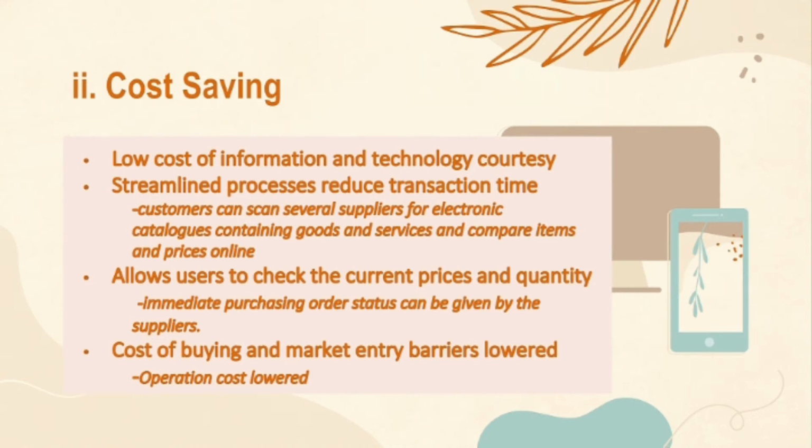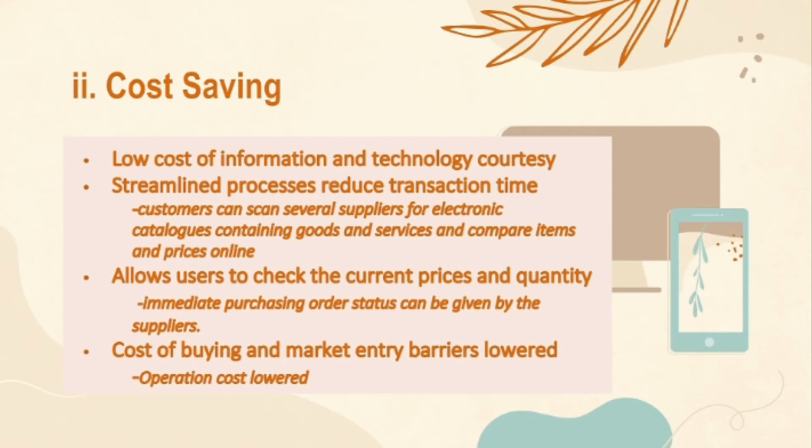In terms of this, e-procurement is also a big benefit of the low cost of information and technology because of the internet. When operating expenses are limited, the cost of purchasing or selling as well as barriers to business penetration have been substantially lowered.